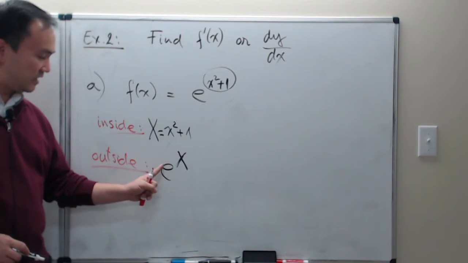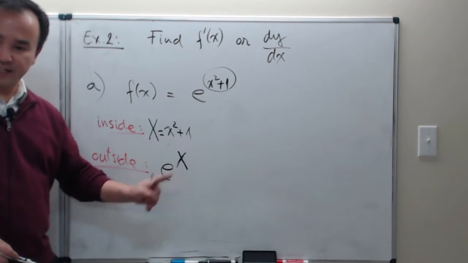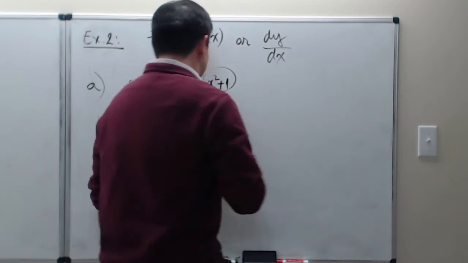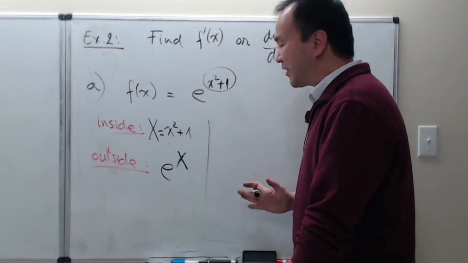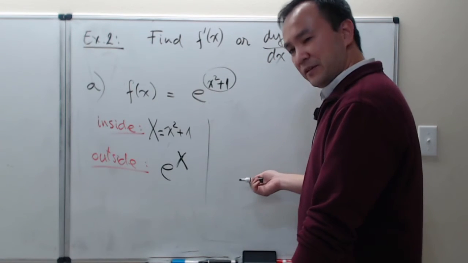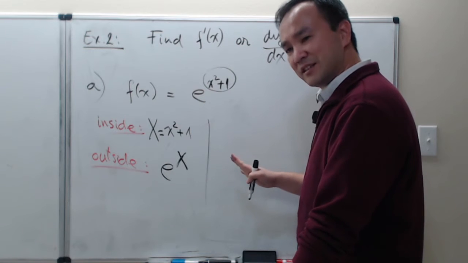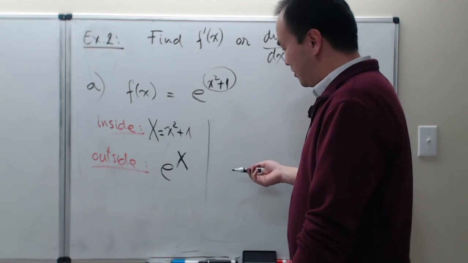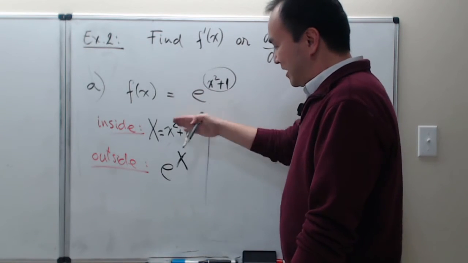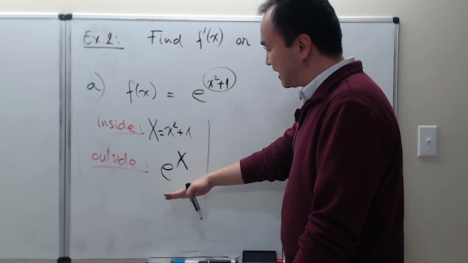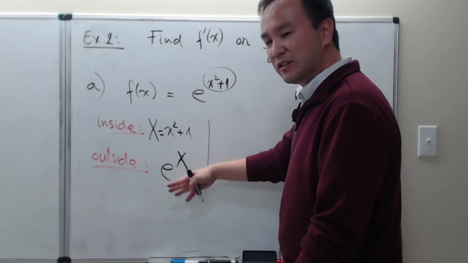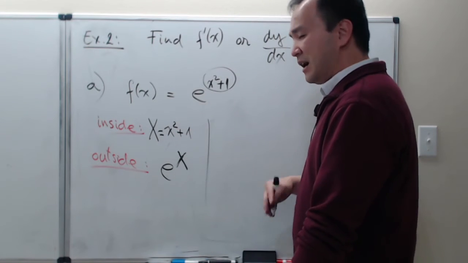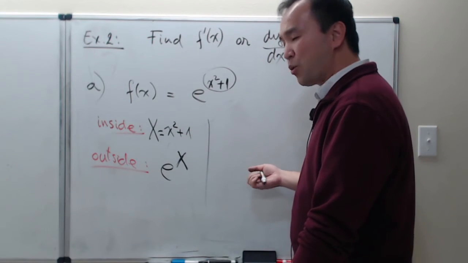That's the outside, just the ordinary e to the x function. Hopefully, by the time you arrive at this video lesson, you have a certain fluency with the chain rule. This is only assisting you to recognize your inside and outside. You don't even have to do this too often when you're completely on your own, unless your instructor requires it.